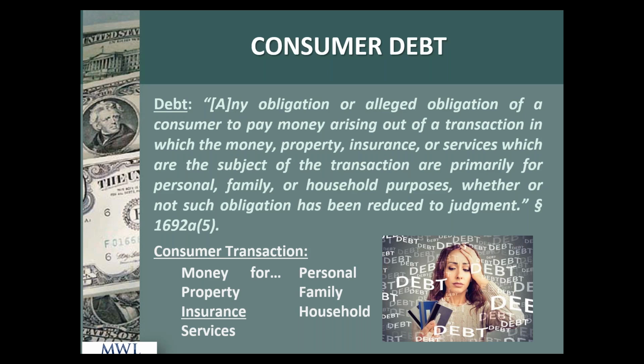Then there's also the personal and family and household transactions. I want to make a note that a consumer debt that is reduced to a judgment still falls under the FDCPA. So conceivably, if you had something in the subrogation context and you had a default judgment and obtained that default judgment, those activities still could be covered under the FDCPA.